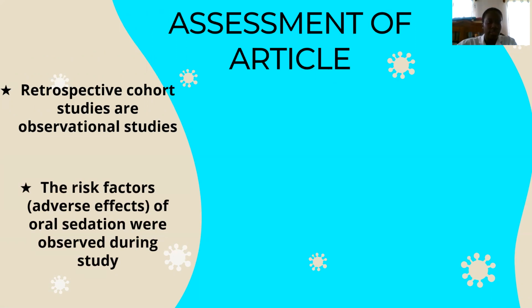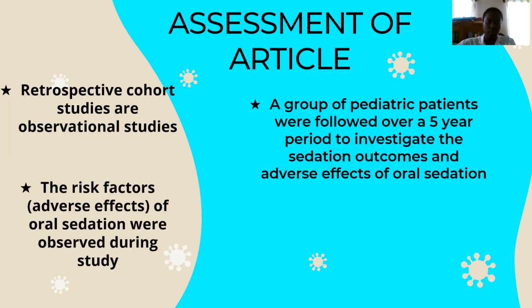So the risk factors of the medical event or the intervention, which was oral sedation, were observed during this study, and you had observation of adverse effects being the risk factors. So examples of adverse effects would be the vomiting and prolonged sedation and so on. Also, a group of pediatric patients were followed over a 5-year period to investigate the sedation outcomes and the adverse effects of oral sedation, as I said before.